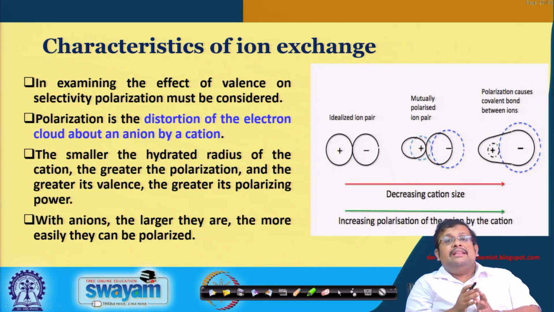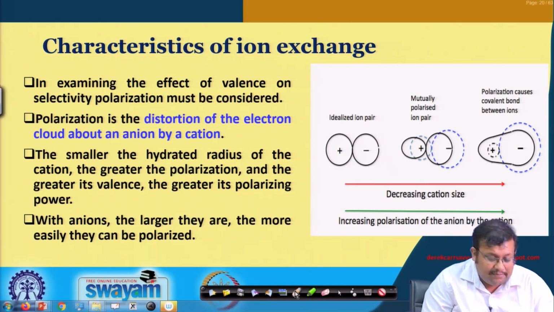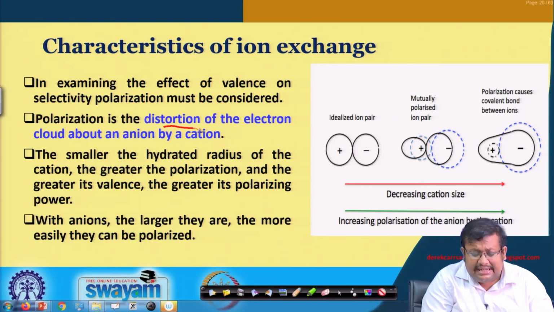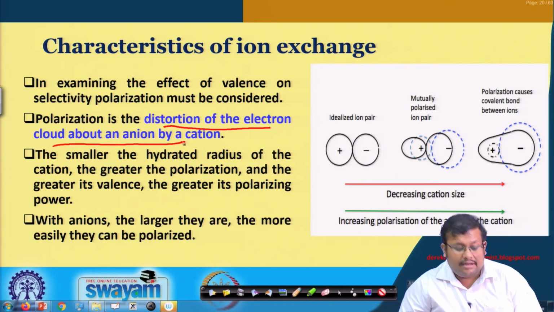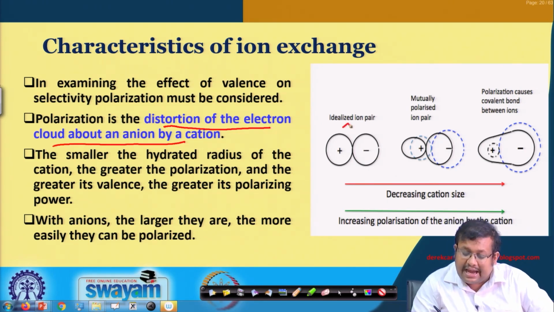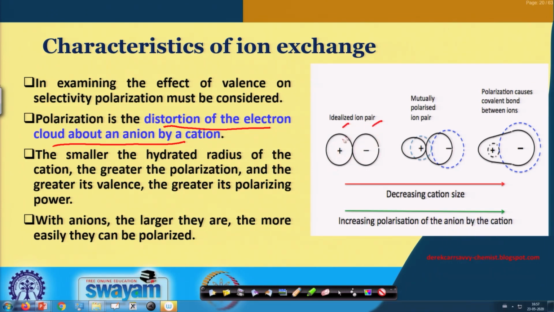In examining the effect of valence on selectivity, polarization is another important aspect. Polarization is basically the distortion of the electron cloud about an anion by a cation. Here you can see an idealized ion pair of a positive ion and a negative ion, a cation and an anion of almost similar size.